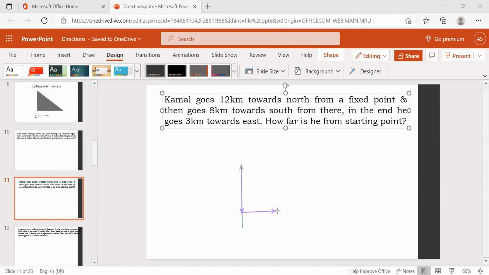Towards east. How many kilometers? 3 kilometers. Now, how far from the starting point? How far is he from the starting point? See, this is what we need to find.